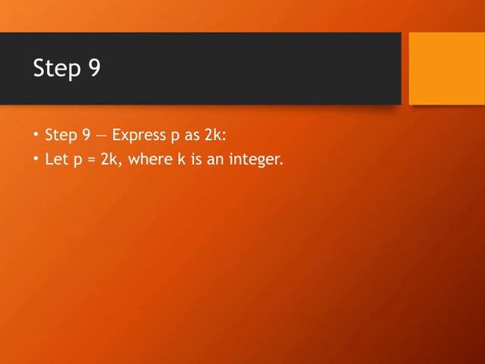By representing p this way, we can easily explore its properties and see how it relates to other elements in our problem. Remember, the key idea here is that expressing p as 2k simplifies our work and connects to the broader theme of understanding the structure of numbers, especially in contexts like divisibility or parity.